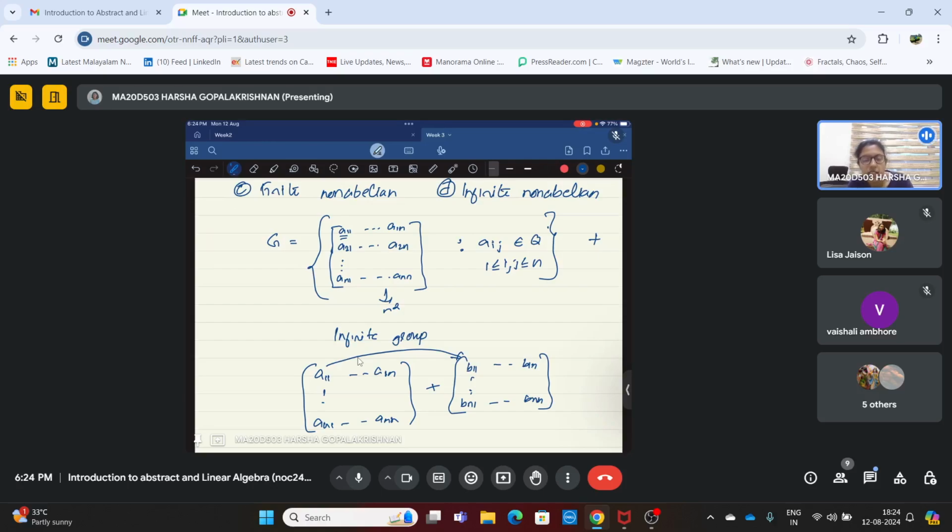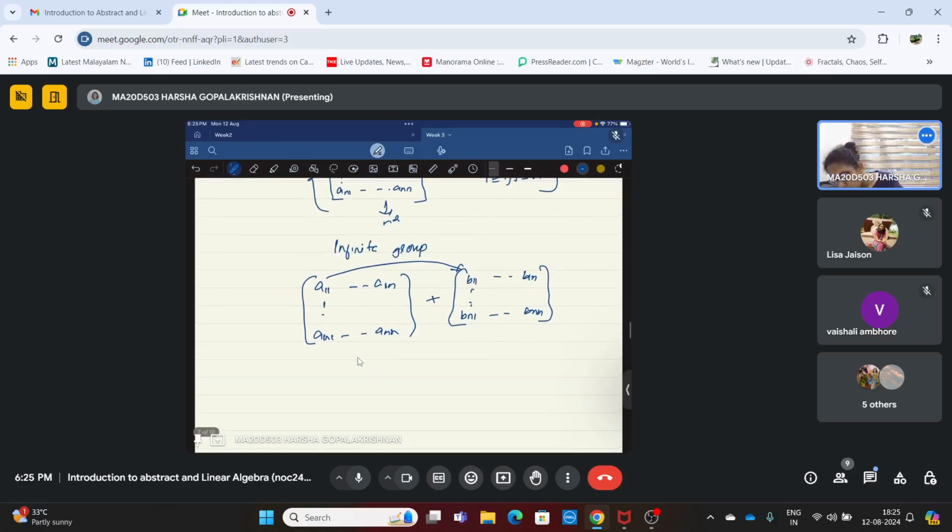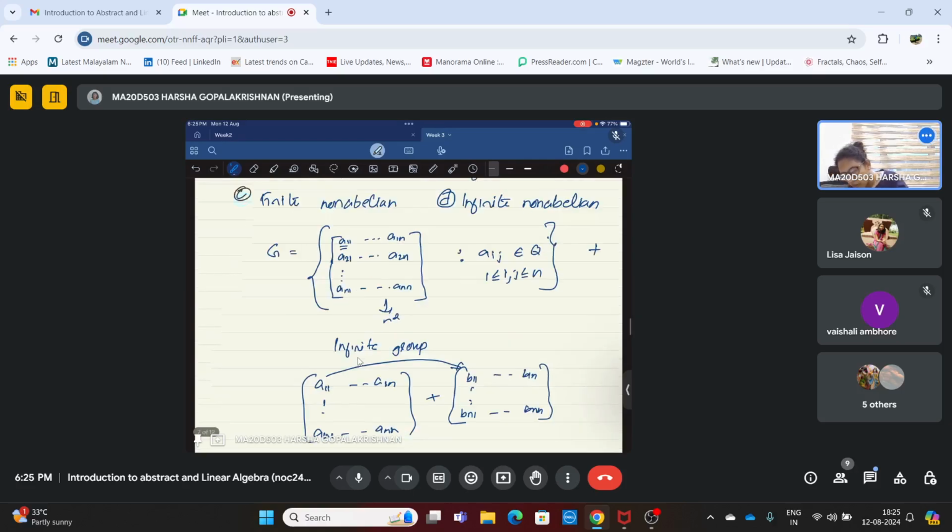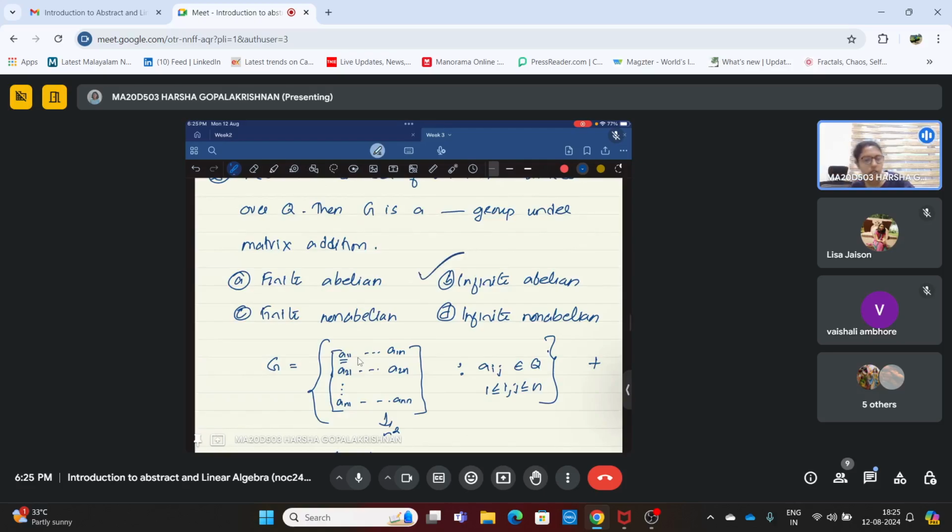The addition is coming from the addition in Q only. A11, B11 are both from Q, and addition is commutative in Q. So if we are doing A plus B or B plus A, it is commutative. So it is an abelian group also. So it is an infinite abelian group.